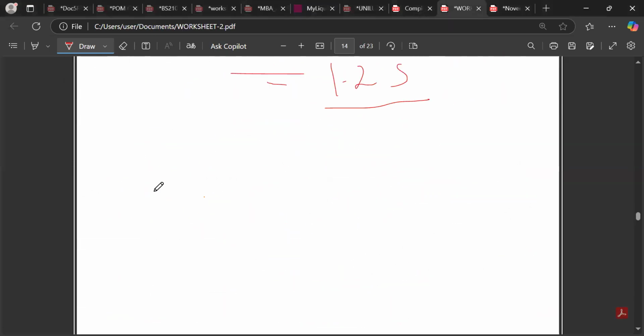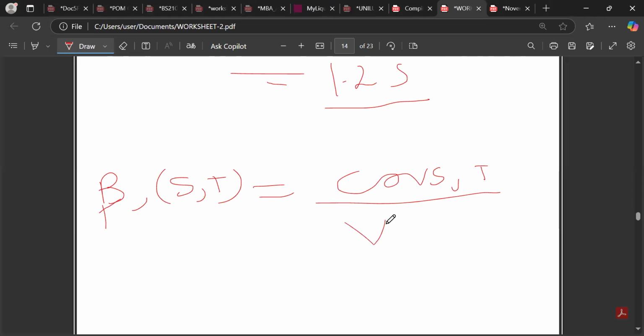So again, we're now going to find the beta between Sophie and the true market approach here, which is now going to what? The covariance of Sophie and the true market over the variance of the true market here.